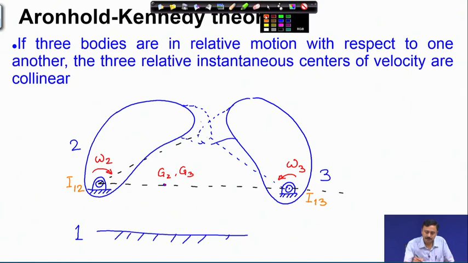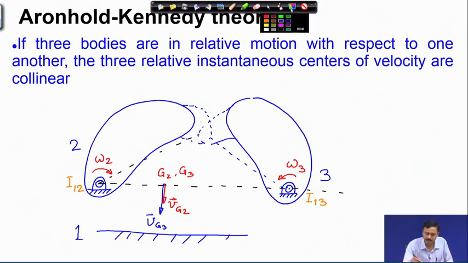Once again, if I mark in red the velocity of point G 2, it must be perpendicular to this black line. So, V G 2, and the velocity of G 3 must also be perpendicular to this black line. Now, their directions match, but their magnitudes do not.